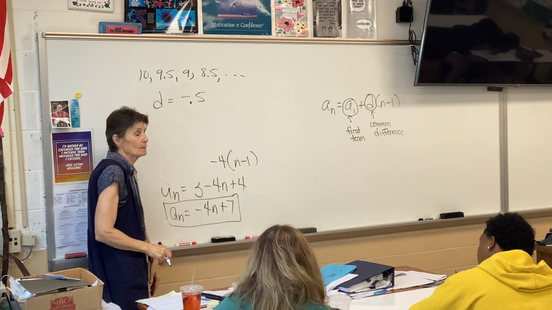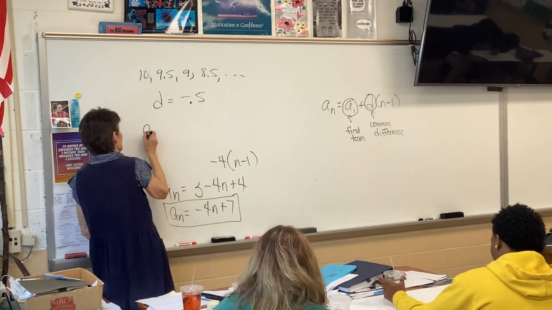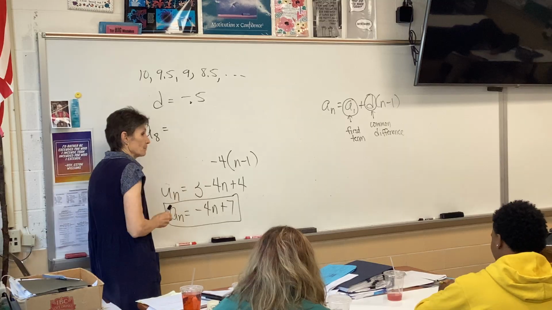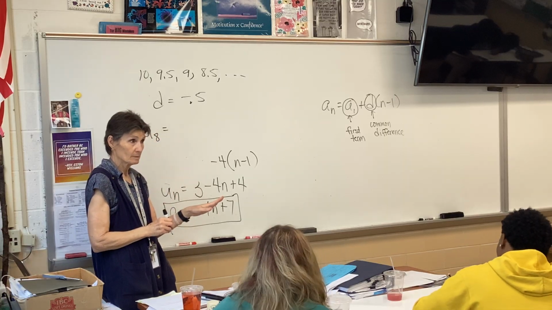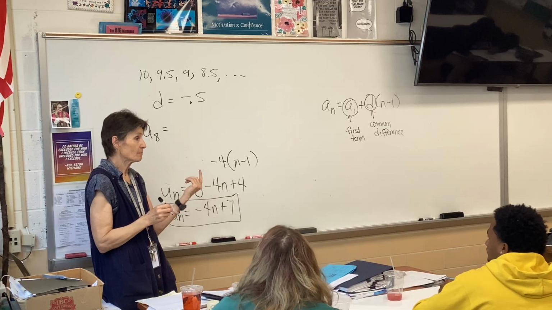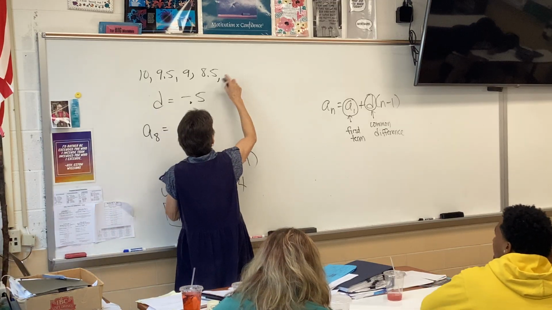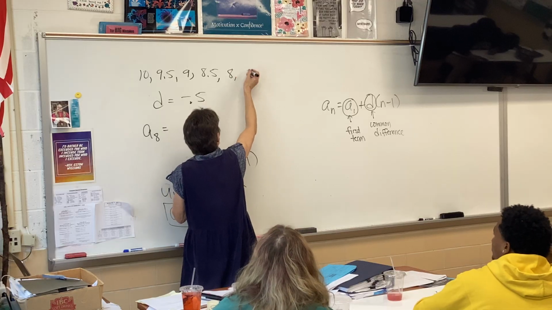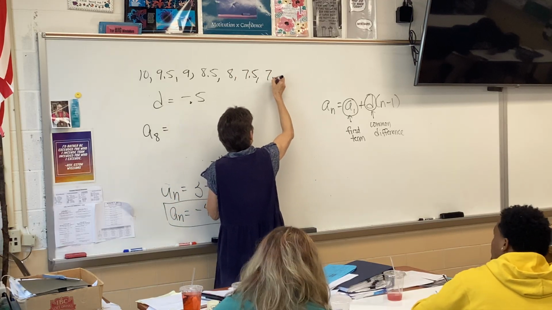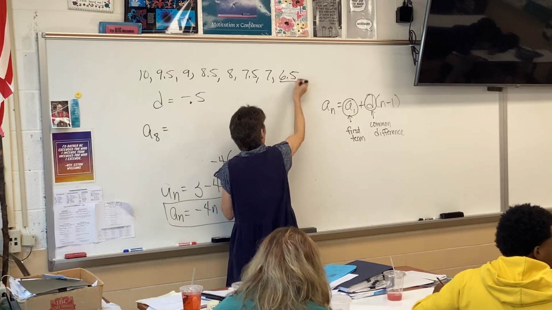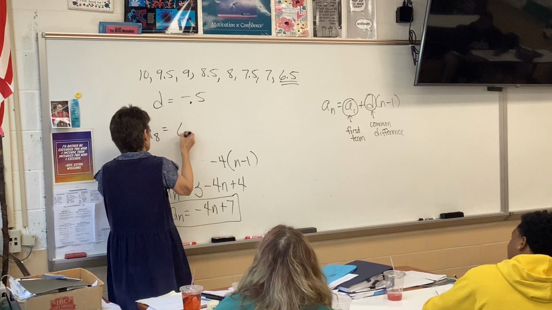Now, I want the 8th term. Unless I build a formula, the only way I have to get the 8th term is just to keep going. So after this would be 8, 7.5, 7, 6.5. So the 8th term is 6.5.